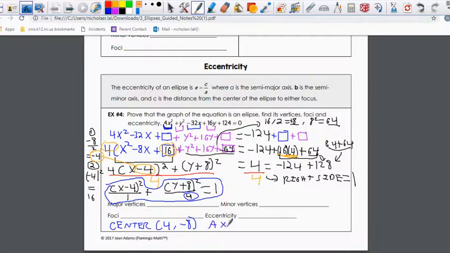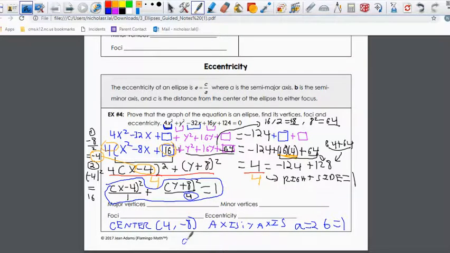The axis is the y-axis, right? 4 is equal to a squared, so a equals 2. 1 is equal to b squared, so b equals 1, right?